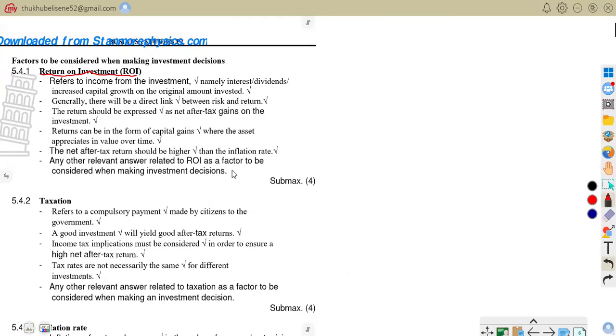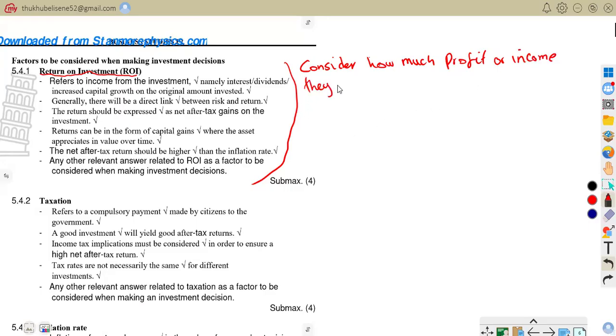As we know, investors consider how much profit or income they will earn compared to the amount invested.